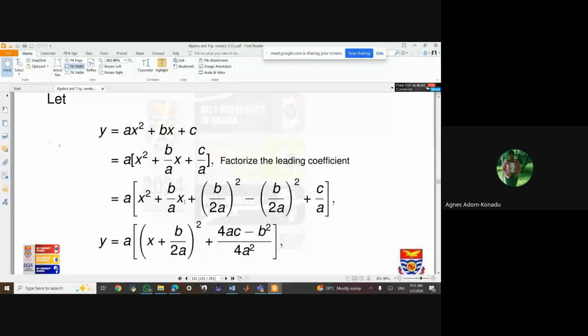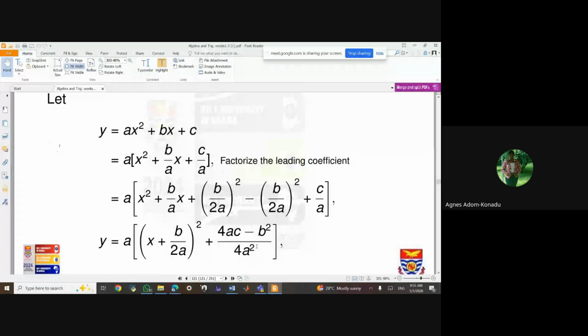That's why you are here. So now you are experts in expanding and simplifying. Here we will expand and simplify this and get 4ac minus b squared over 4.